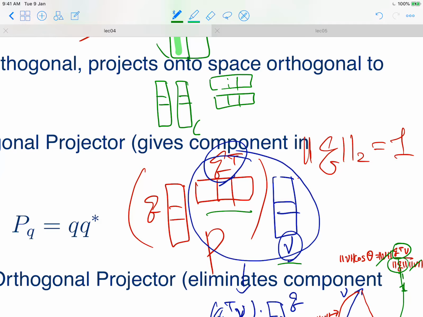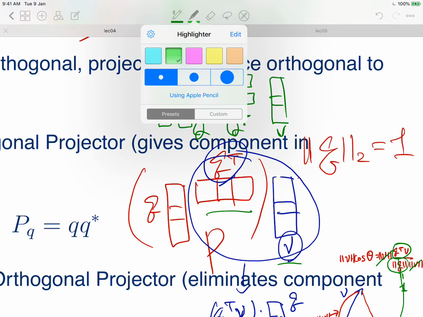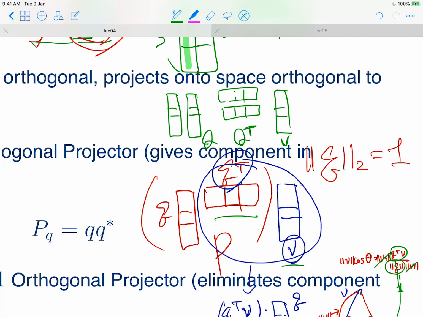So this is our Q and Q transpose, and we are given input vector V. Here we first perform this inner product with the first direction and this second direction, right?